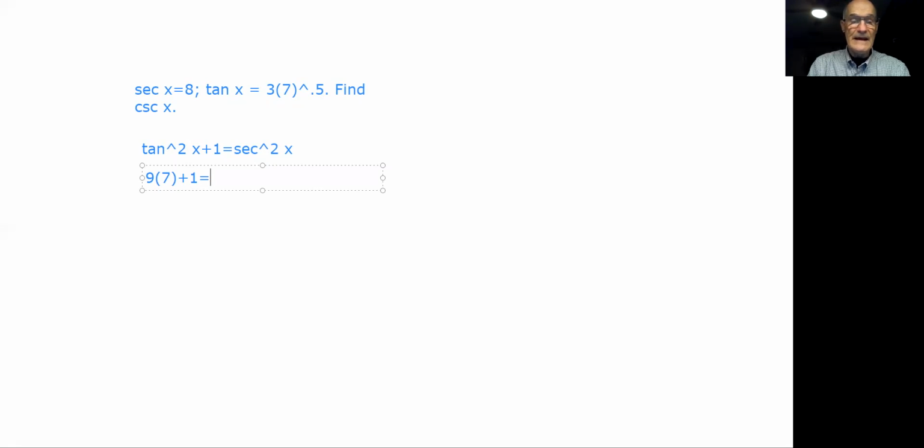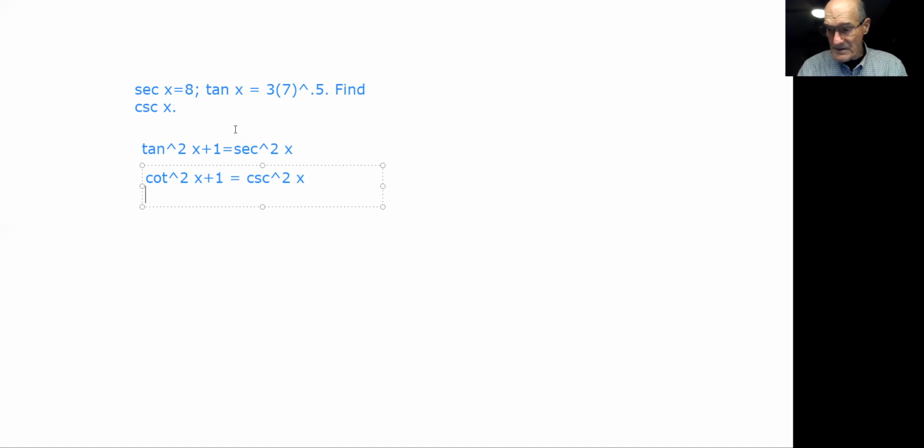Now, I've got to find a relationship with the cosecant. So let's go back here, because the relationship that exists with the cotangent and the cosecant involves the reciprocal. So the cotangent squared of X plus 1 equals the cosecant squared of X. Now, if you remember, the cotangent is the reciprocal of the tangent.